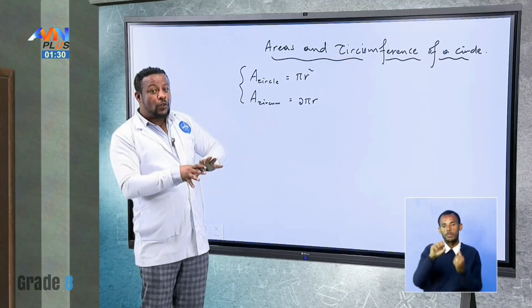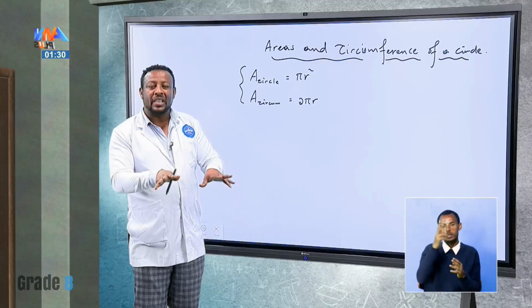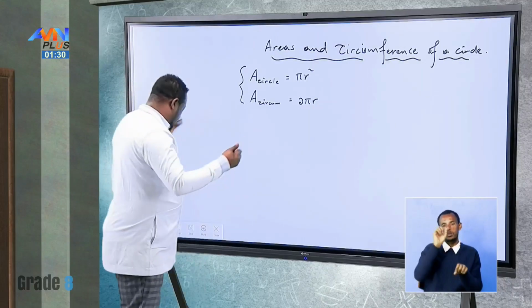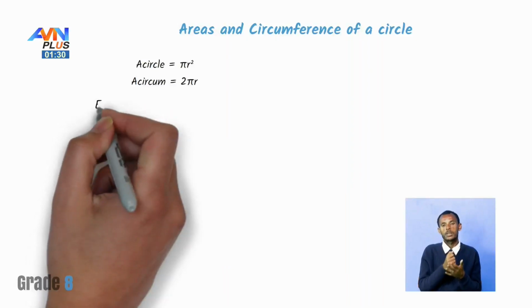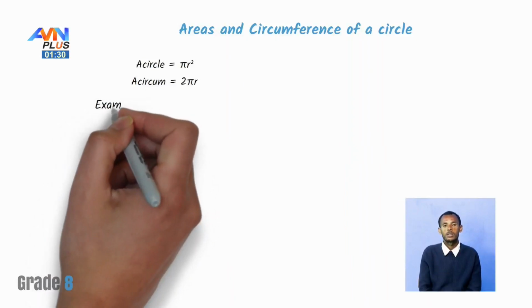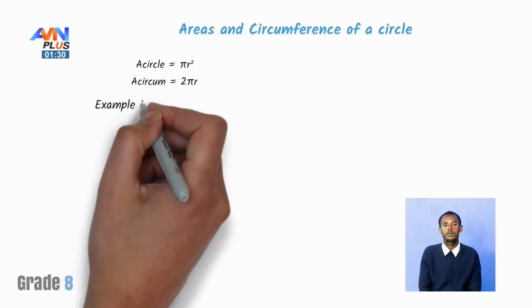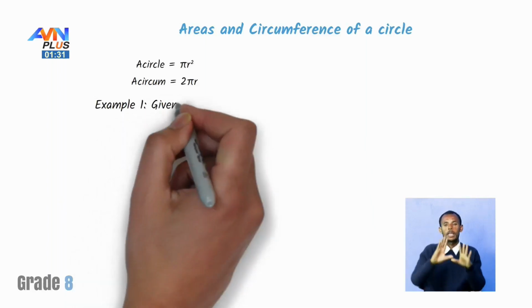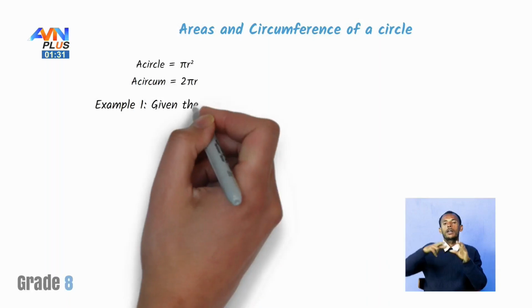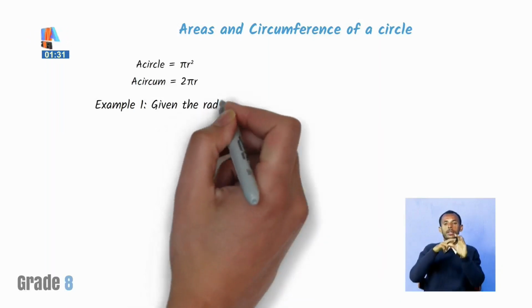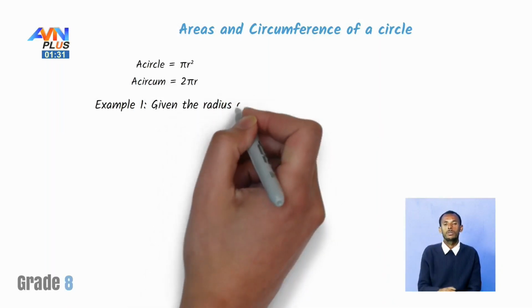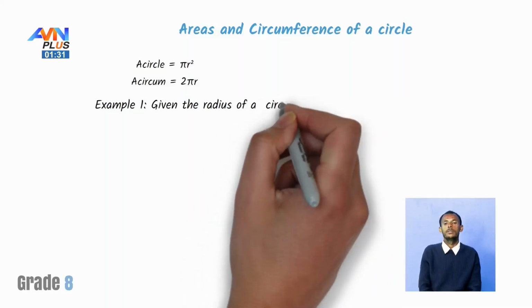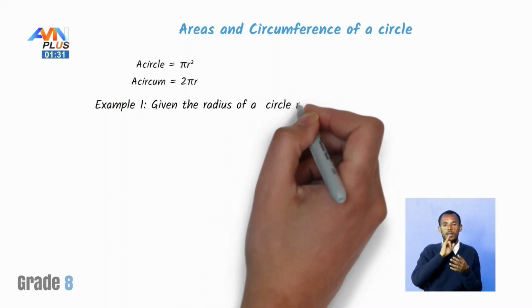So based on this formula, let's see two examples, then we proceed to the next point of discussion. So let's take example 1. Given the radius of a circle where r is 4 centimeter.